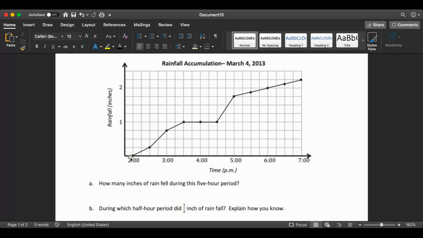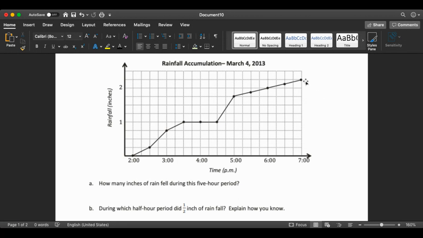So it's not like at 2 o'clock it rained 0 inches, at 3 o'clock it rained 3/4 of an inch. They are adding it as they go. That's what it means to accumulate. It's like if I had a glass of water and I kept adding water to it, that is accumulating. I didn't dump out the water in between. I hope that makes sense.